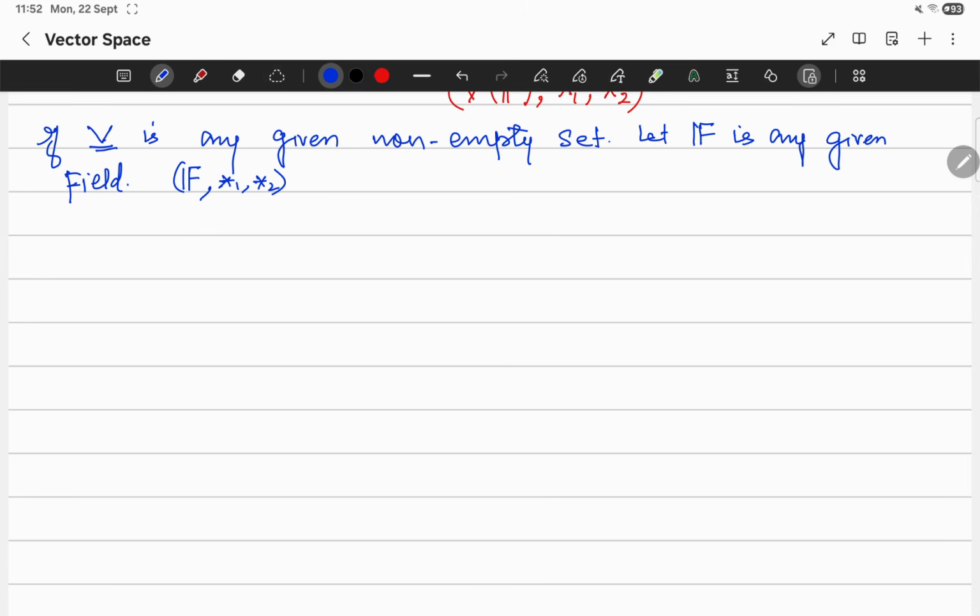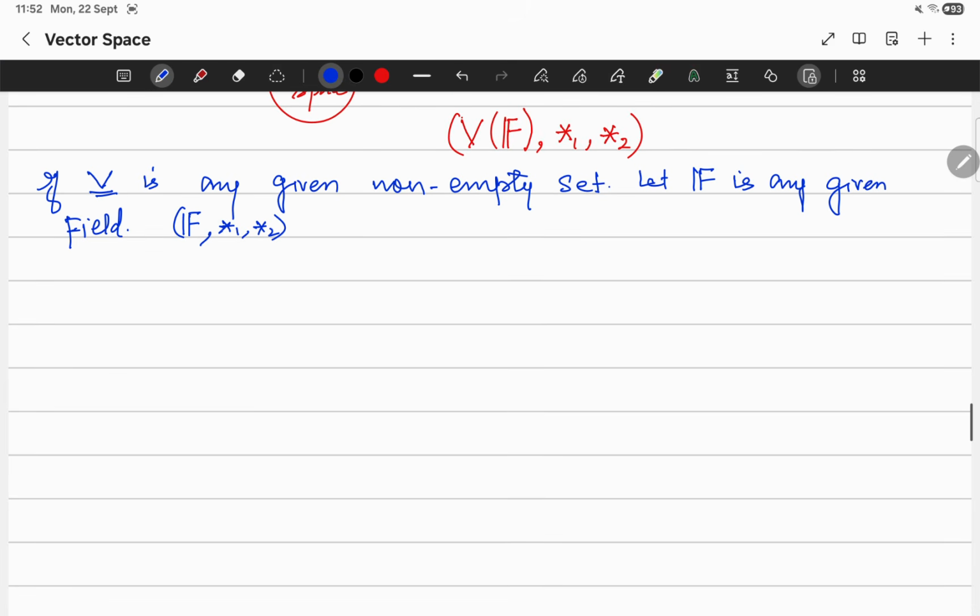So we say that let F be the given field in which elements are from either Q, R or C in our syllabus. और V हमारे पास given any non-empty set है. तब हम क्या कहेंगे, हम कहेंगे V is a vector space over F if it is closed, or we can say that if it satisfies the vector addition and scalar multiplication.